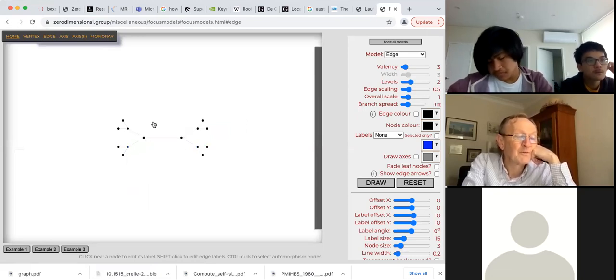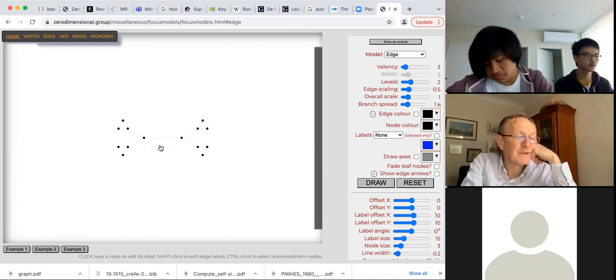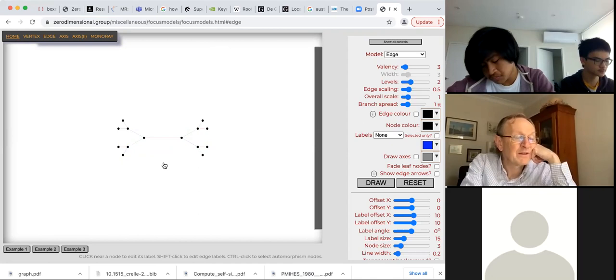So these are two different ways of looking at the same tree. We're interested in symmetry of these structures, and these are two different ways of thinking about symmetry. We can think of symmetry around a vertex, which is the vertex focus model, or symmetry about an edge or the midpoint of an edge, which is the edge focus model.